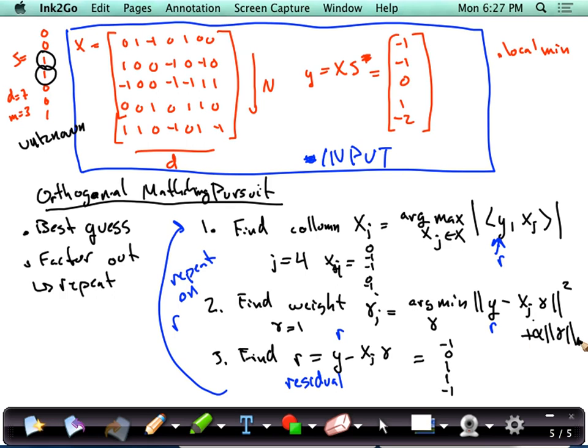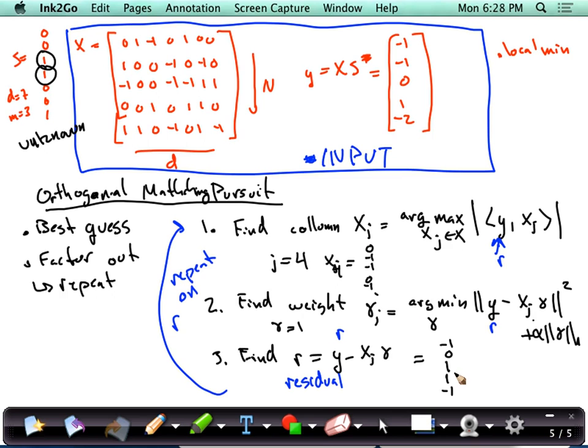Remember, if this was an L2, a 2 norm here, then you can solve this in closed form the same way you're just solving the least squares. So doing this would be called ridge regression instead of least squares regression, so that'll give you a pretty good solution. Okay.